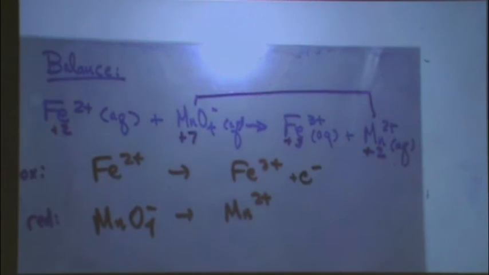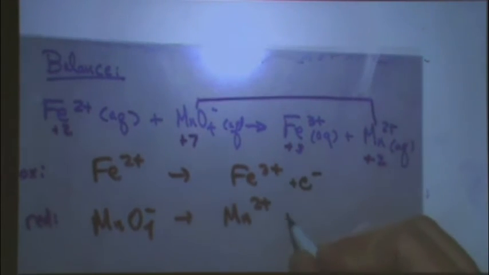Let's go to the next one. The reduction half reaction. Step 1, balance whatever's not oxygen or hydrogen. That's manganese in this case. There's already 1 on each side, so that's balanced. Step 2, balance the oxygen. There's 4 oxygen on the left and 0 on the right. So I add what here? Yeah, not oxygen, but H2O.